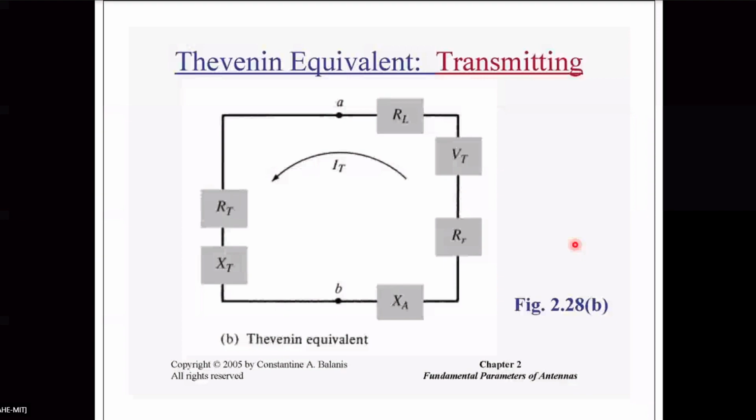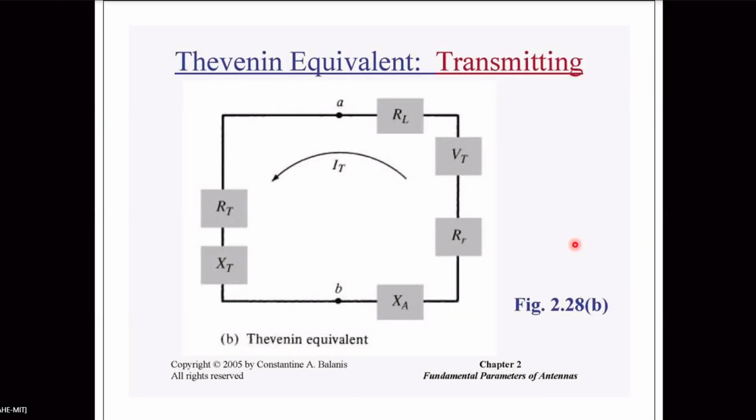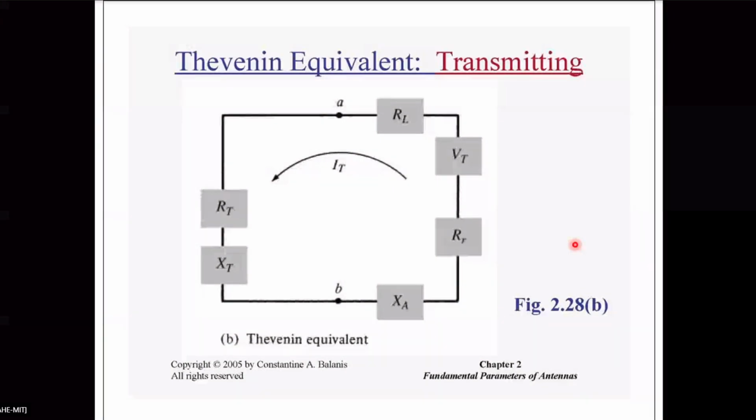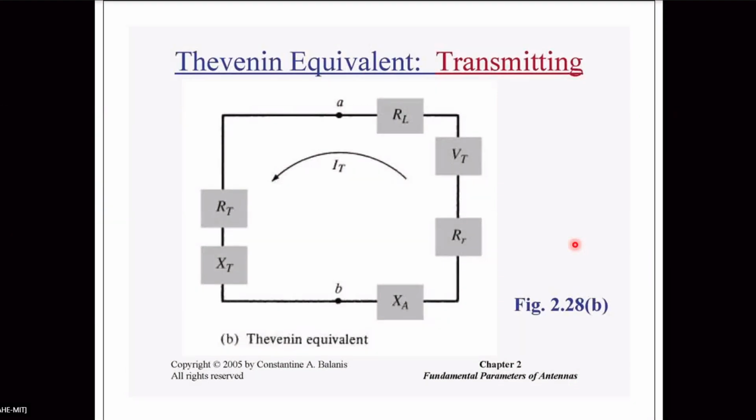Again, here you can find the power delivered to the load, PT. In the receiving case it is missing in the slide, but it may be asked as a question in the exam. If you want the expression for power delivered to the receiver, it is half into the magnitude of IT square into RT.